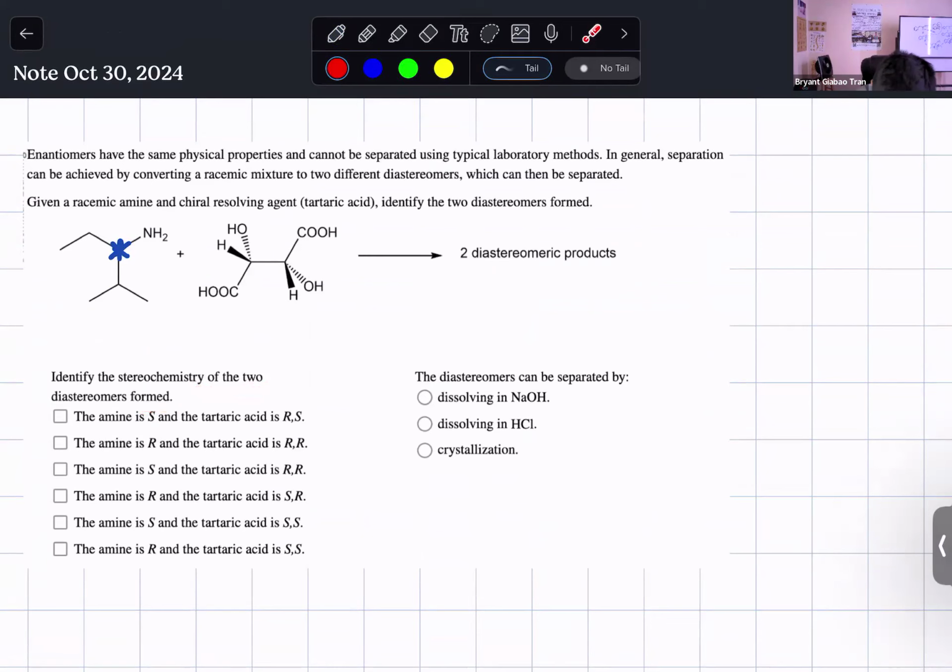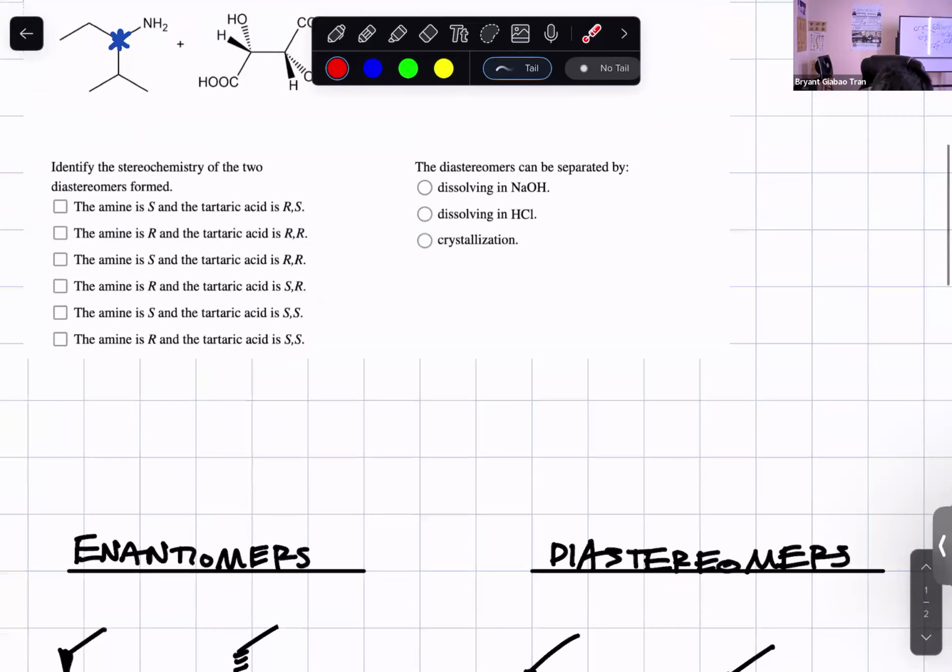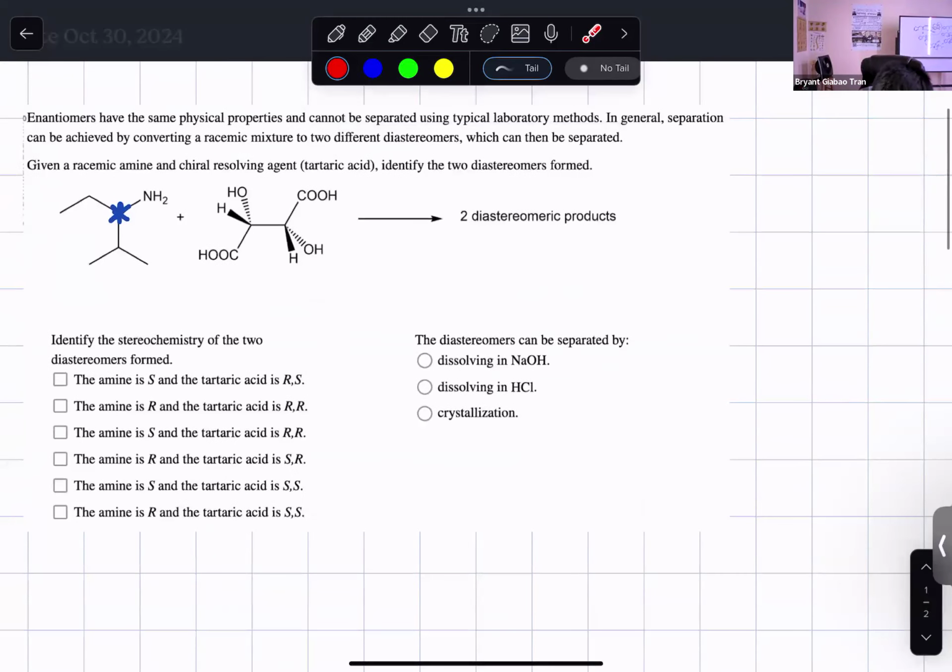The amine is S, tartaric acid is S. Then tartaric acid is R. The diastereomers can be separated by dissolving in base, HCl, crystallization, physical properties. Okay, so that's the definition of enantiomers and diastereomers.